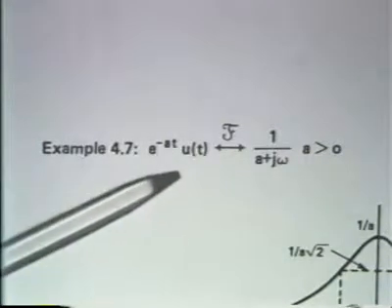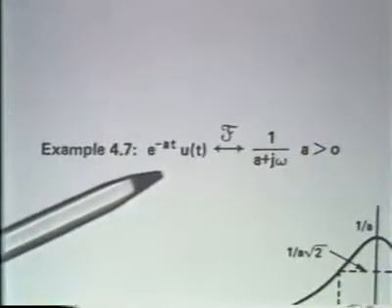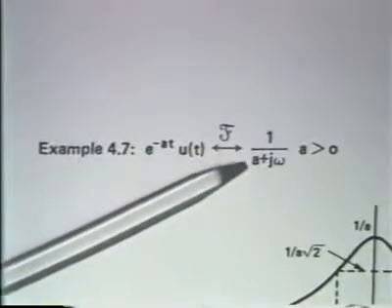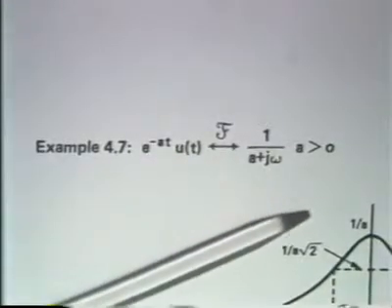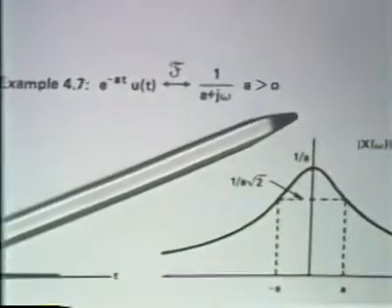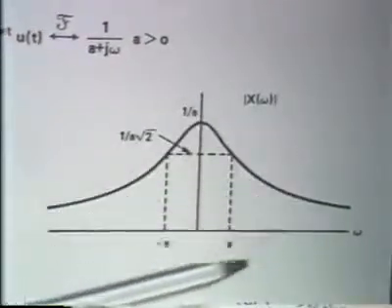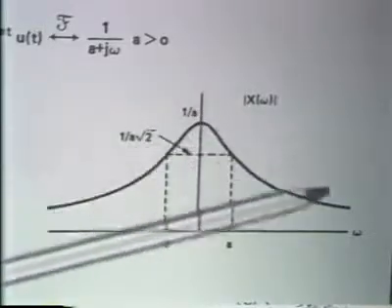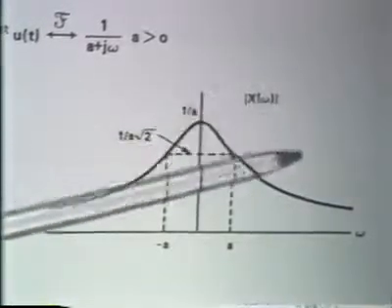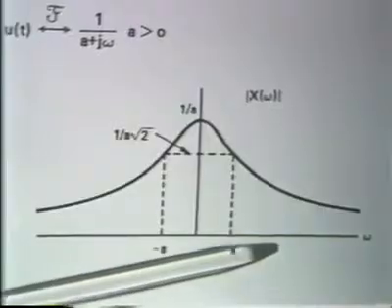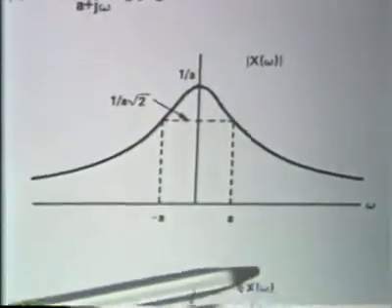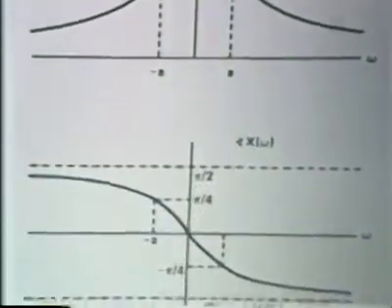In other words, for this exponential decaying. And I illustrated the magnitude and angle, and what we see is that e to the minus at is a real time function. Therefore, its magnitude should be an even function of frequency, and indeed it is. And its phase angle, shown below, is an odd function of frequency.